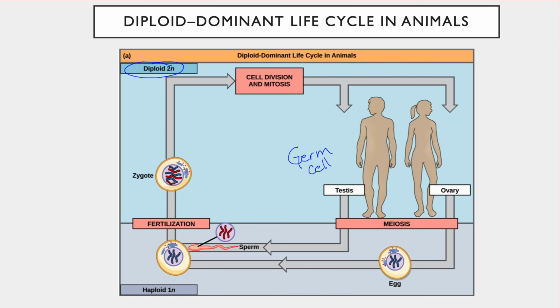And these germ cells will go through the mechanism called meiosis, which creates 2 types of cells, the egg and the sperm. When the egg and sperm come together and fertilize, they create the zygote, which then can go through mitosis and produce more adult versions of that organism. Therefore, meiosis is very important in the life cycle of most animals.